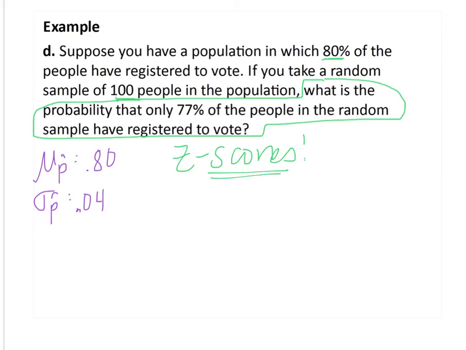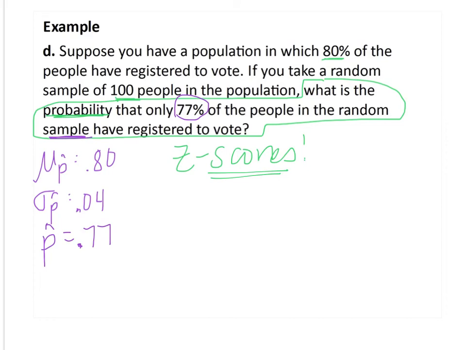Z-scores are used when I'm looking for the probability. It tells me that only 77% of the people in my sample have registered to vote, so p hat is 0.77, and I want to know what's the probability of that happening.